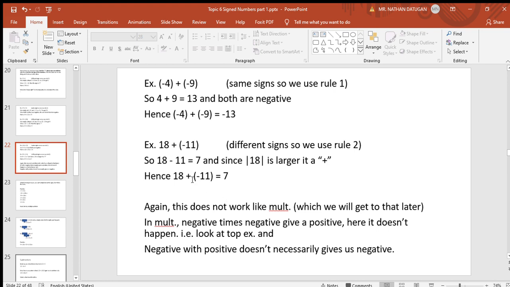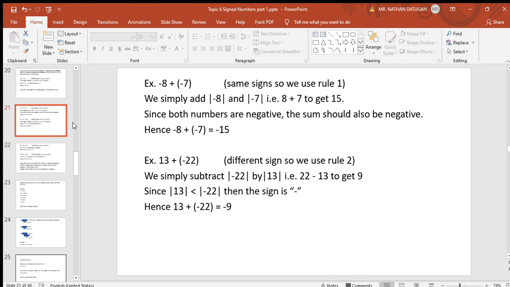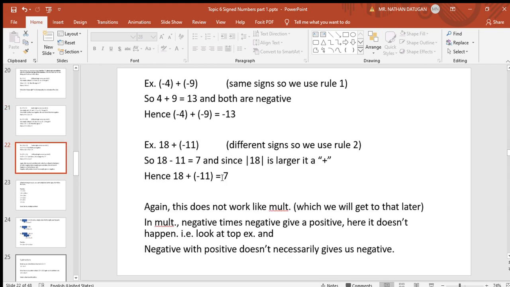Here we have positive plus negative, which gave us positive, and the other one was negative plus negative, and positive plus a negative can be negative. So it doesn't really have a straightforward rule like negative times positive is negative. It's a different type of rule.